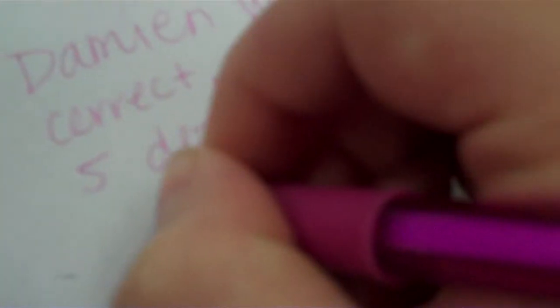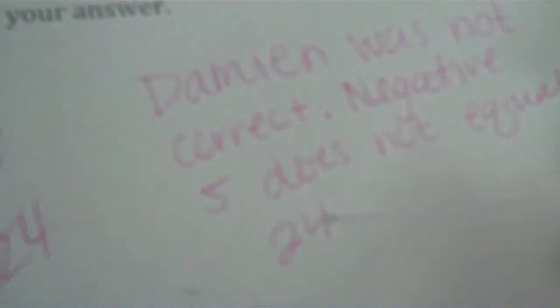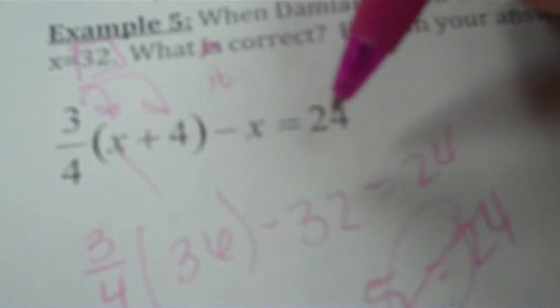So you could put something like that. Okay? You could also, instead of doing it this way, distribute and actually solve it and see if it worked and see if you got 32. Either way works. You can do it either way.